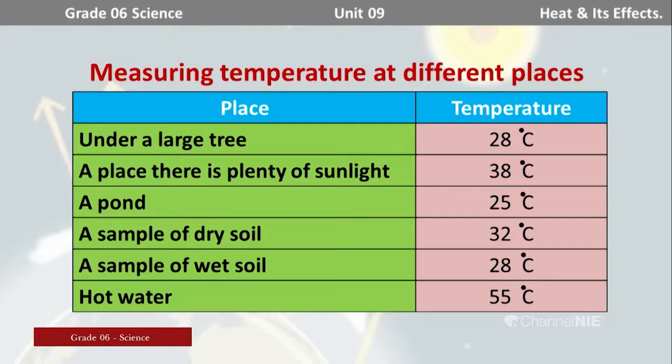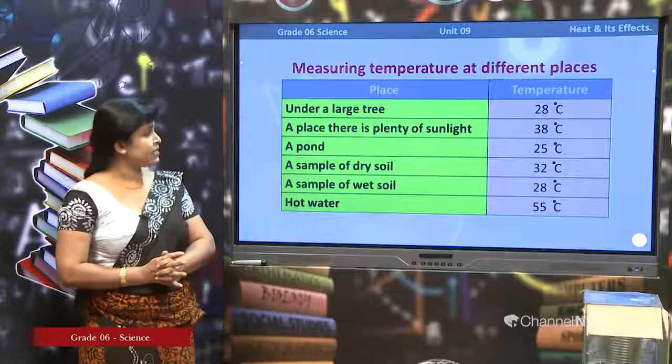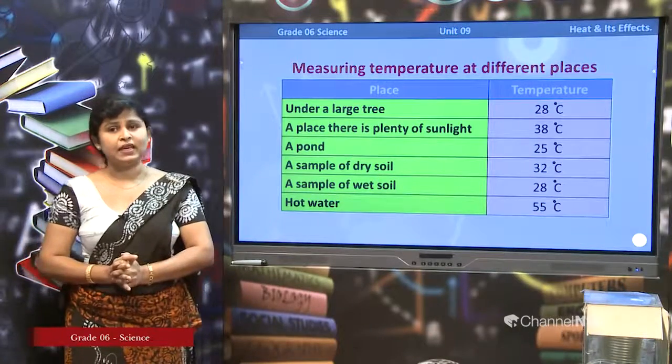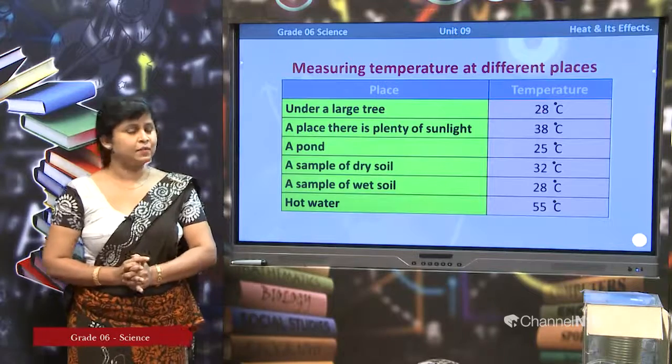Under a large tree, the temperature recorded is 28 degrees Celsius, a comparatively low value. A place where there is plenty of sunlight. This place can be a playground or a place where there is no plant cover. The temperature is comparatively high, about 38 degrees Celsius.